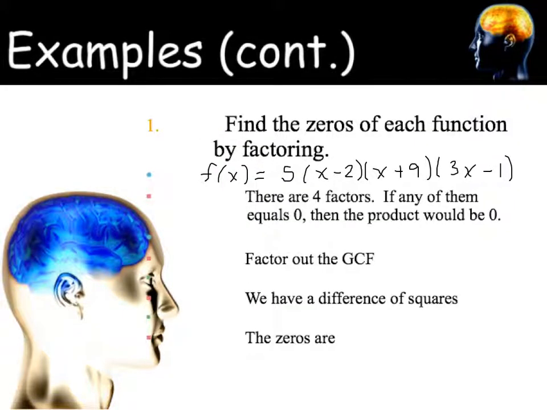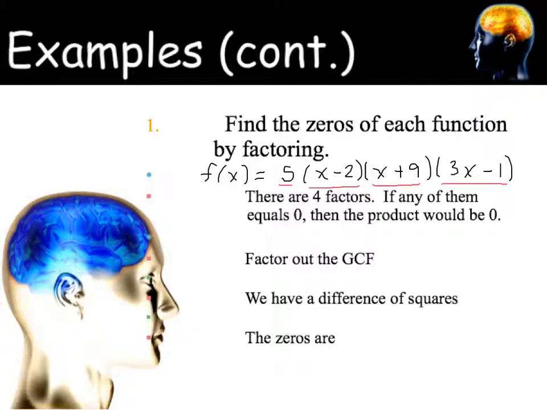So here we ask you to find the zeros of this polynomial function. The difference is this one is already in factored form. And we notice it has 4 factors: 5, x minus 2, x plus 9, and 3x minus 1. So what we want to do is set each of those equal to 0. Well, 5 cannot equal 0.